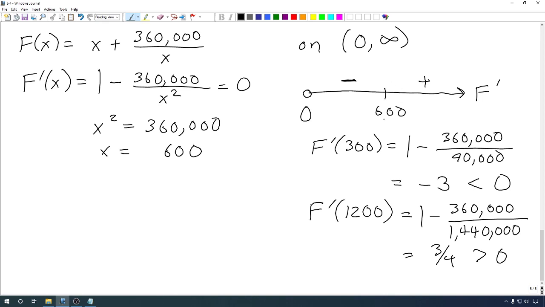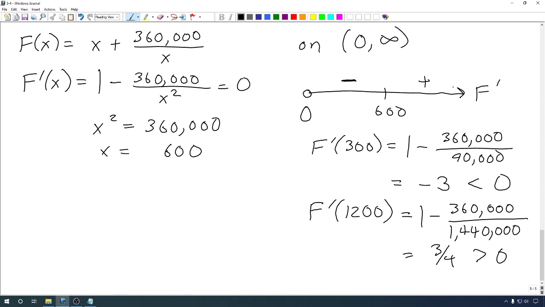So what we can tell from here, using our first derivative test, is that because it went from decreasing to increasing, we do have a relative minimum at 600. In fact, since our function never really turns around any other place, we know it has to be decreasing down from 0 down to 600 and increasing from that point forward.